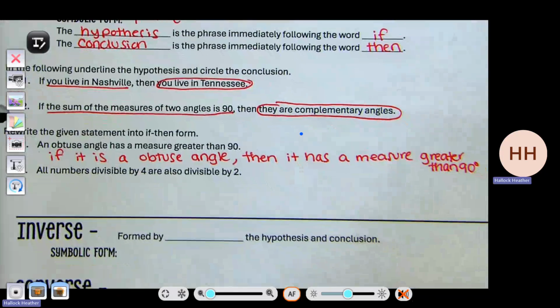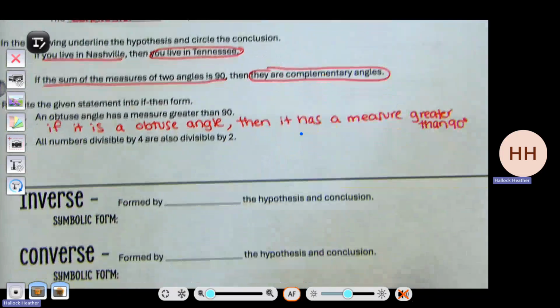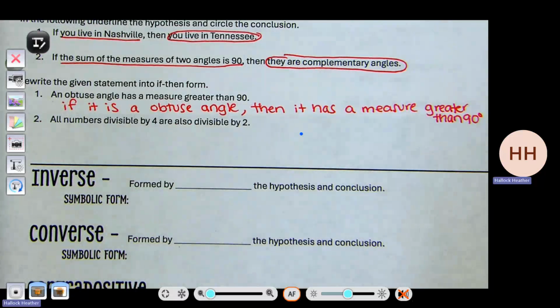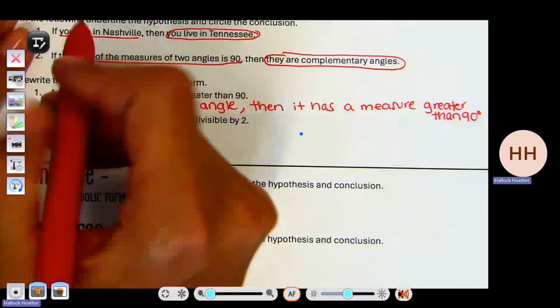And this is what I mean by it's gonna be a little annoying today, but it's okay. Okay, so number 2 says all numbers divisible by 4 are also divisible by 2. How can I change that to if-then format? Beautiful.